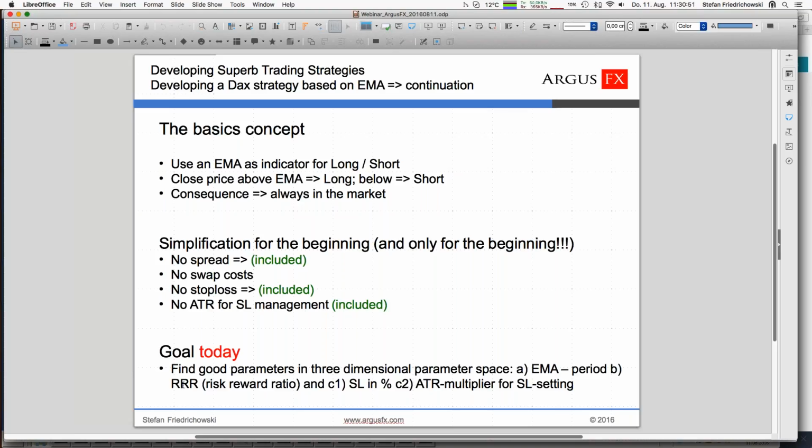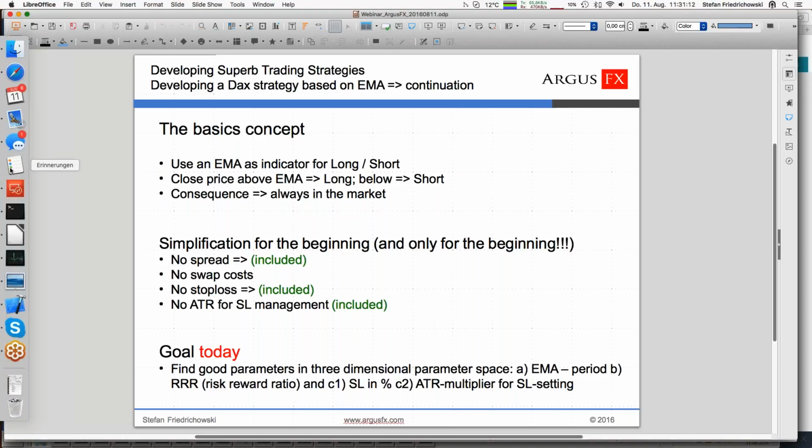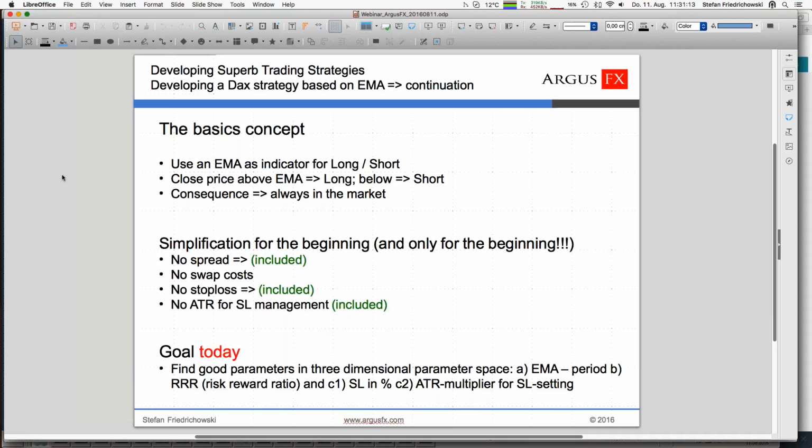Even for sub-strategy 2, we use the same rules for take profit. That is simply once again a multiplier on our stop loss distance. So the final goal now is, within that three-dimensional space, to try to find the best numbers for those parameters, taking into account that neighborhood analysis.